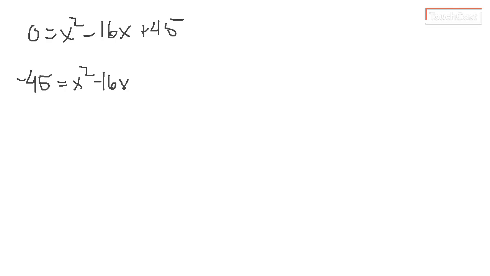Then, what we're going to do on both sides, and I'm going to do this part in a different color so you can see that it's happening to both, is add half of 16. Half of 16 is 8. But then we have to square that. Remember, that's the process of completing the square. 8 squared we know is 64. So if we add 64 to negative 45, that's 19.